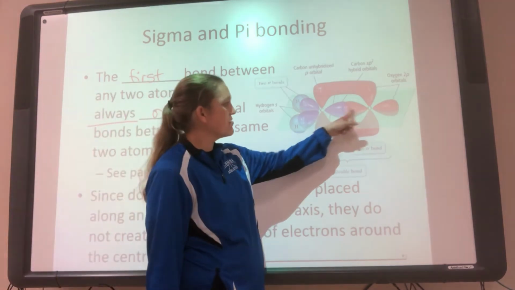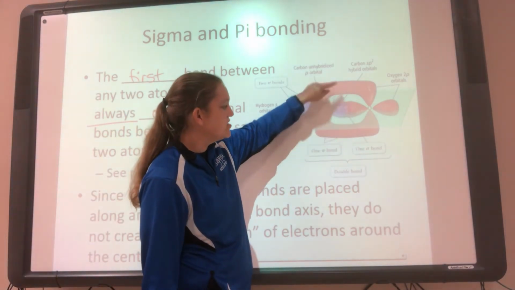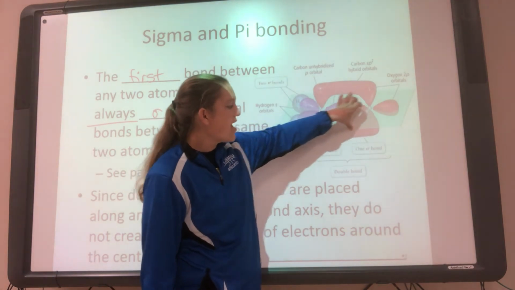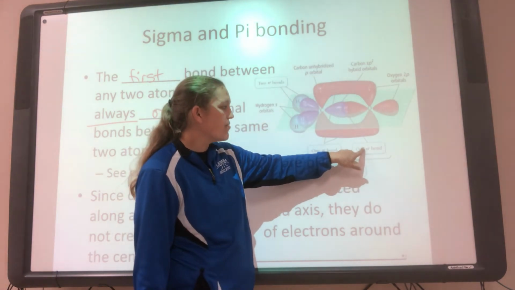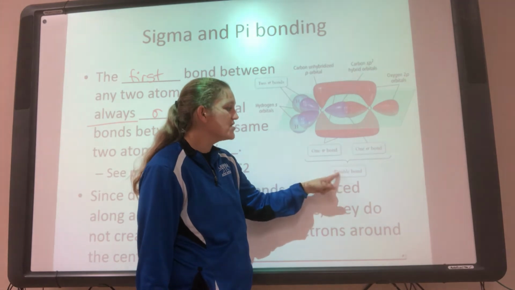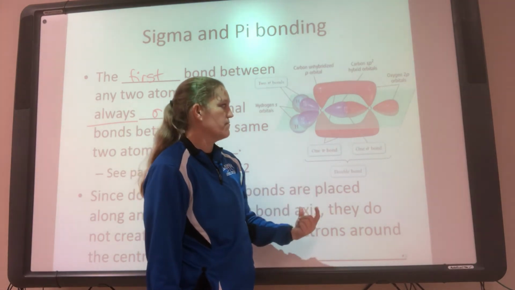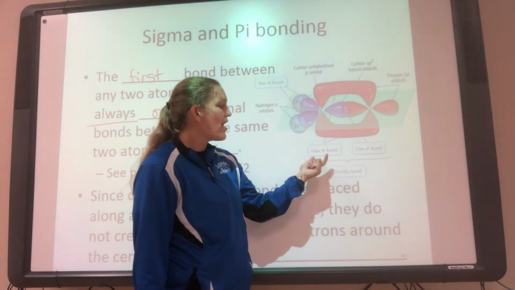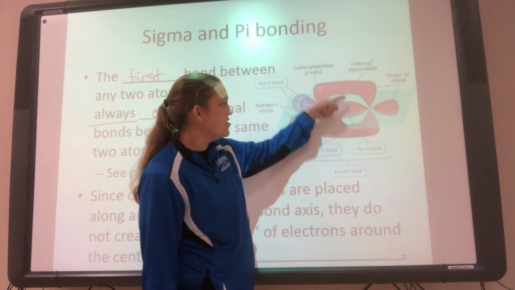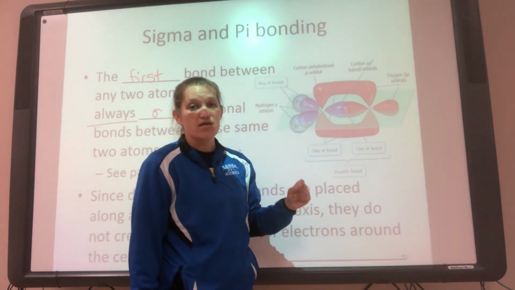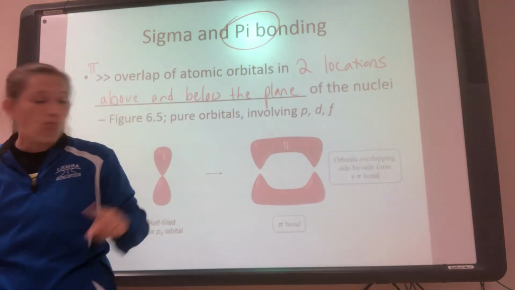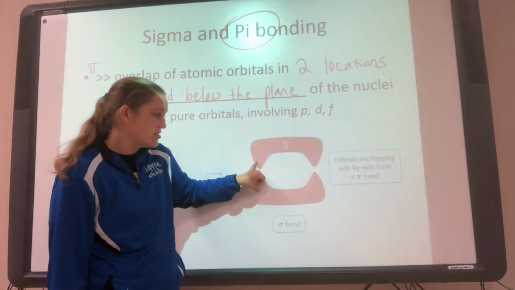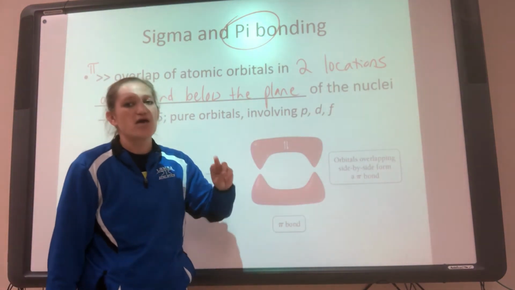So here's the sigma bond. If it's doing another one, this would be my pi bond. So we have one sigma bond, one pi bond, and that is what makes my double bond. Okay? So now, sometimes you would think it's like, oh, well, it's 3. It's not 3, okay? Because when you make one pi bond, it just happens in two locations.